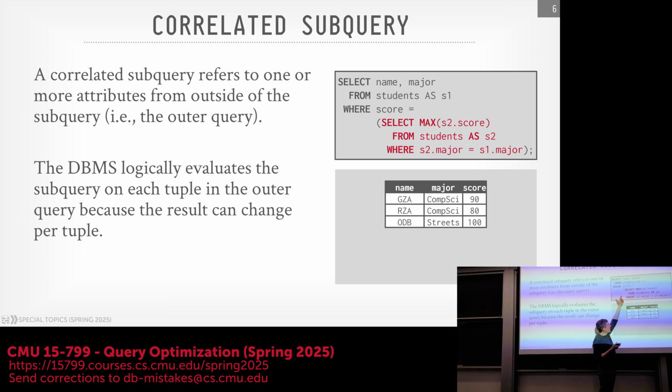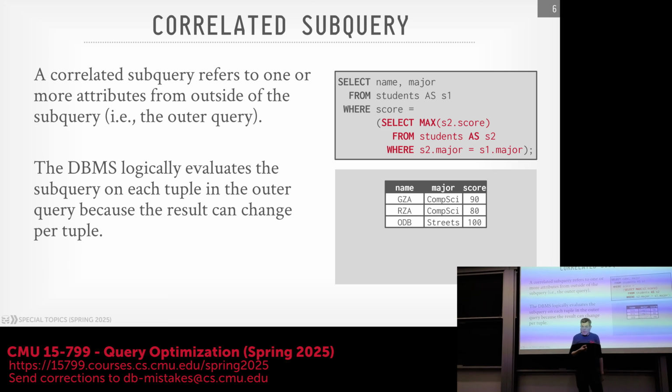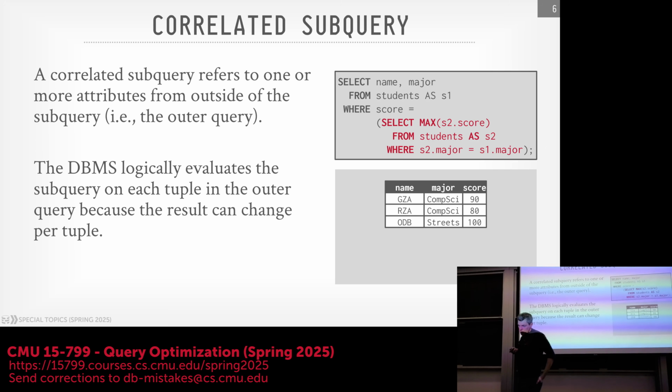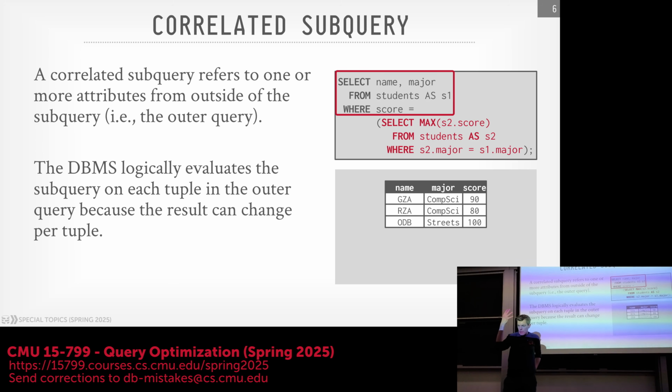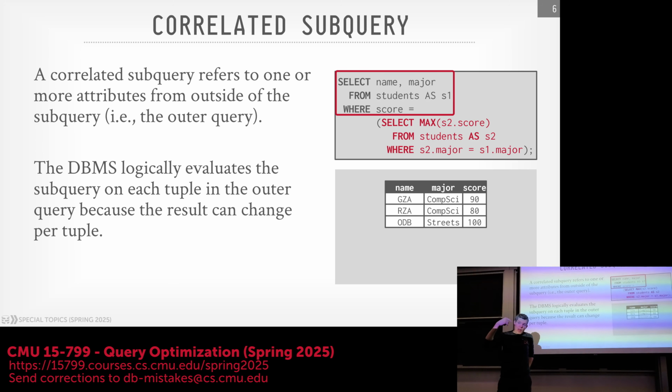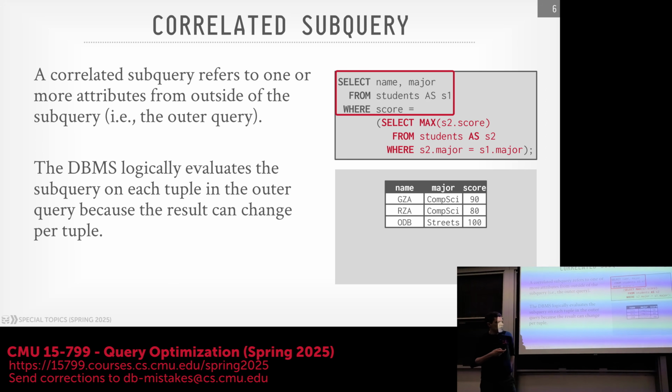In this case, I'm trying to get the name and major of the student that has the highest score of all the students in their same major, right? Think of the outer query as having a nested for loop inside of it, where for every single tuple in the outer query, I want to do some kind of lookup on the inner query.